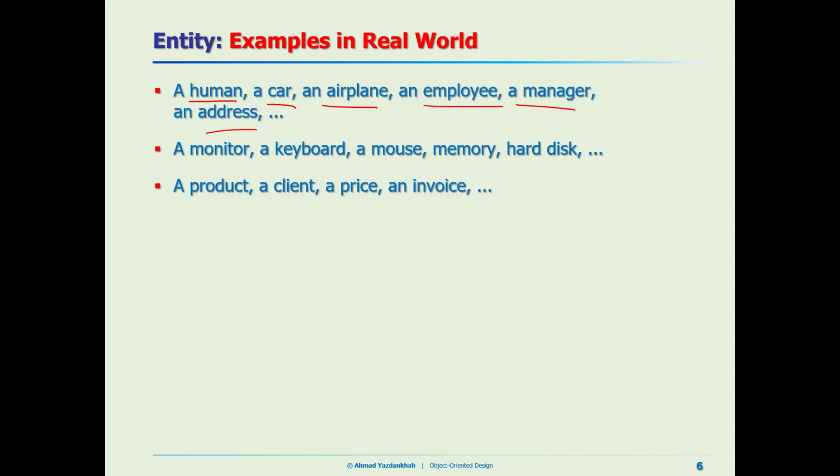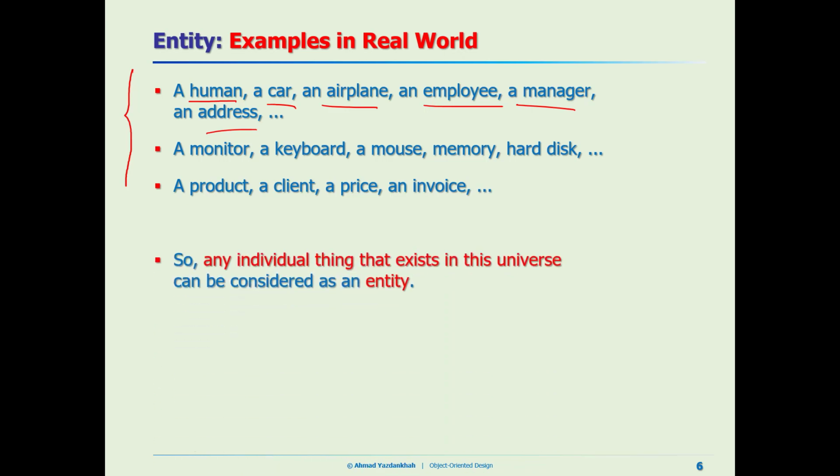You see, we have billions of types of entities. Based on the dictionary definition, these are objects that independently exist physically or conceptually. So to sum up, any individual thing that exists in the universe is called an entity.